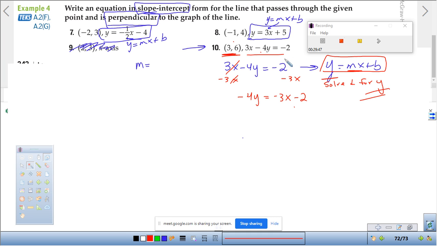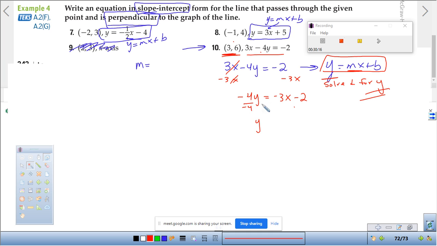Again, I went ahead and divided by -4. Because that is a y being multiplied by a -4, I will divide by a -4. That gives me the 1 I want. I want 1y, but I'm not going to write 1y, I'm just going to say y.